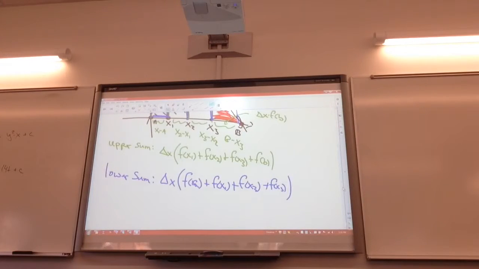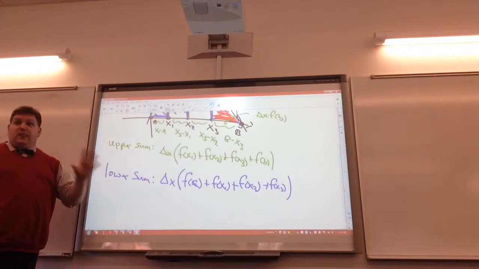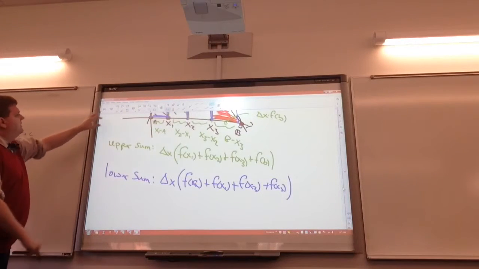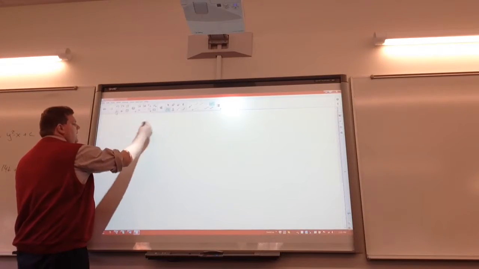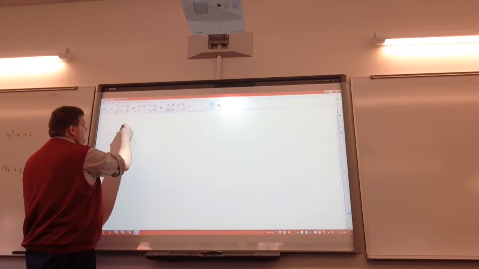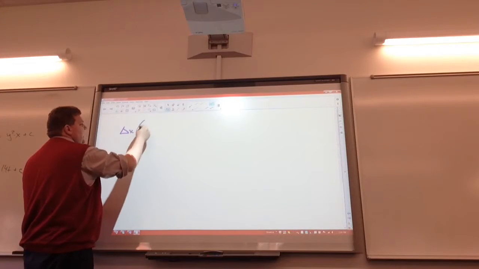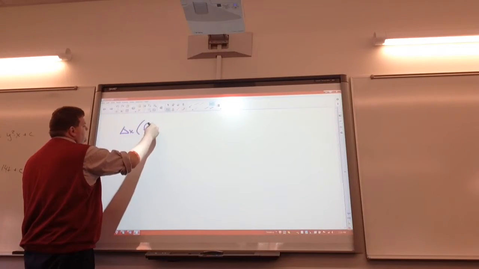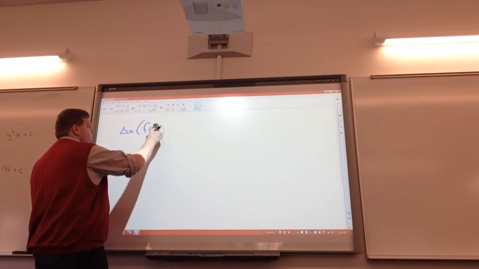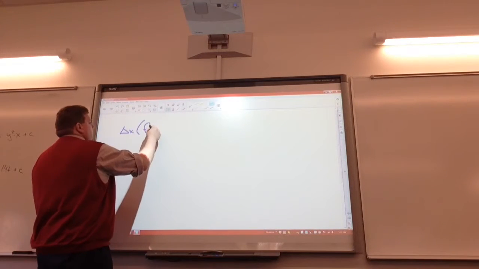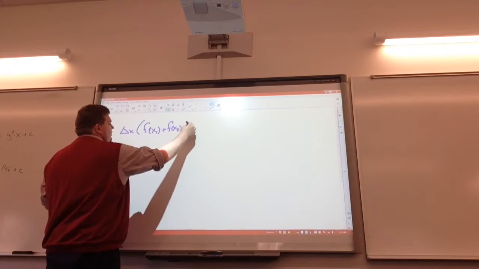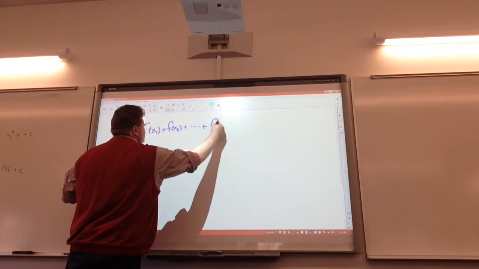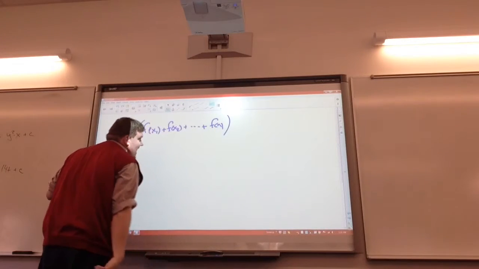And in fact, if I do this in the general case, with lots of different rectangles, what I would write is, I would have my delta x times my first one, plus my second one, plus my third one, all the way up to the last one, the nth one.